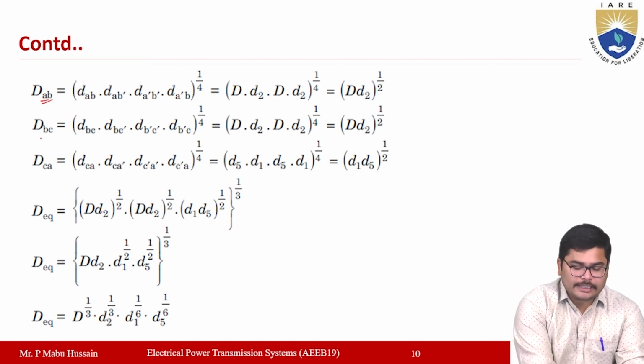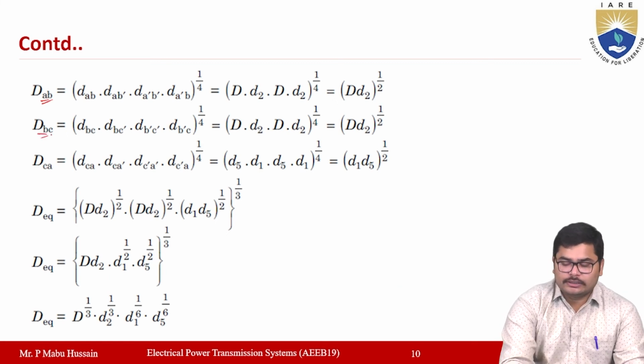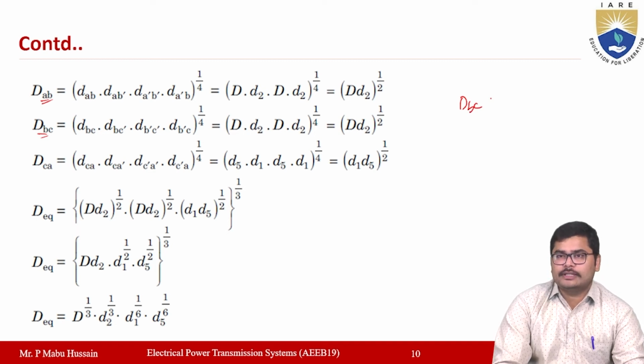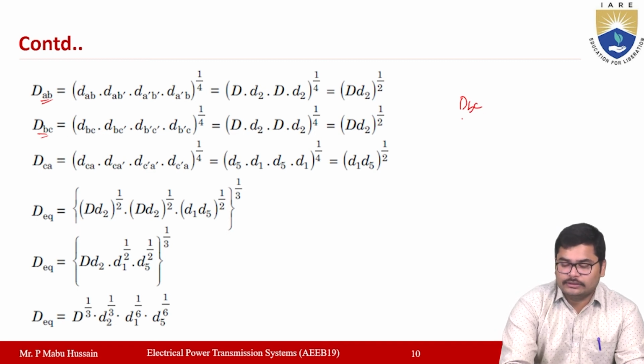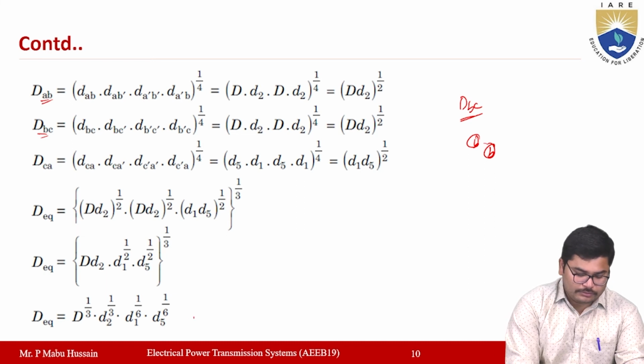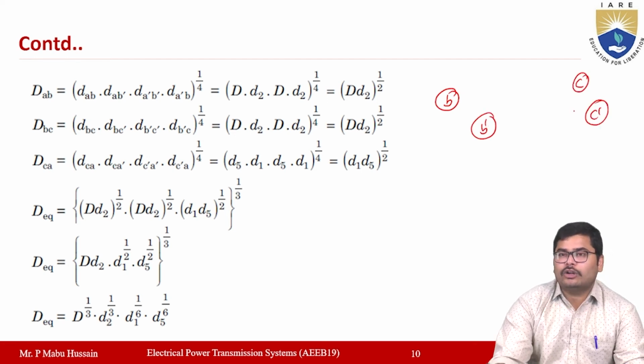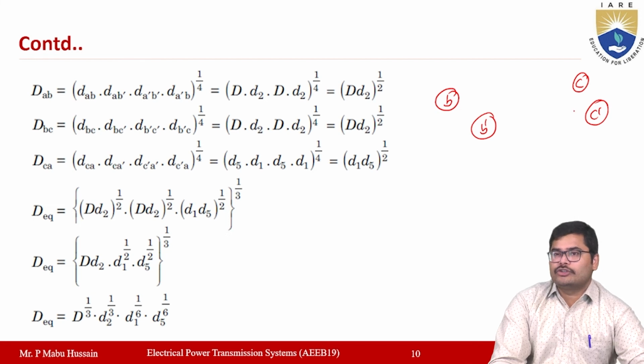Then next, DBC. DBC is the mutual GMD in section 1 by considering only phases B and C. So B has B dash and C has C dash. Now you have to consider all the mutual distances.